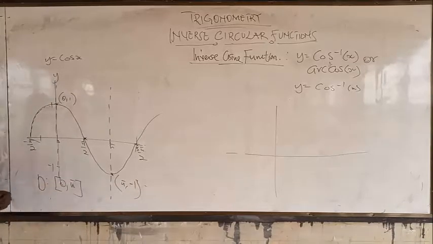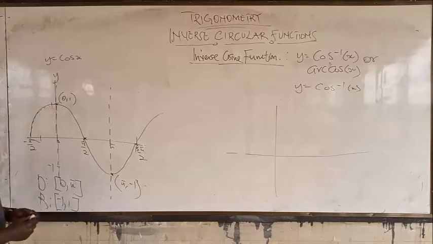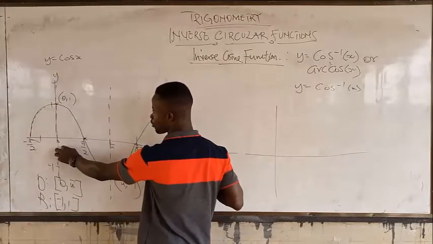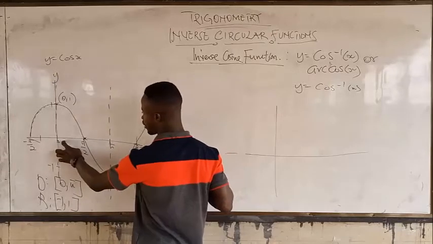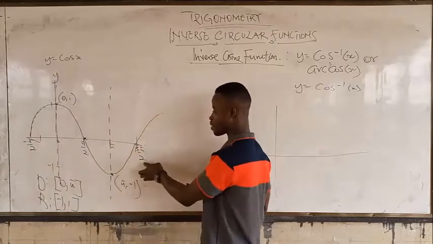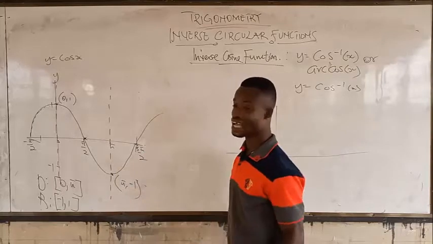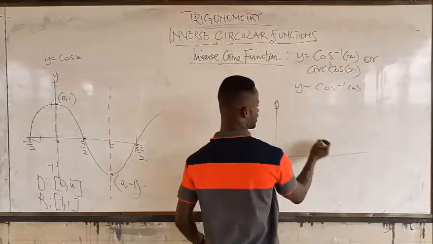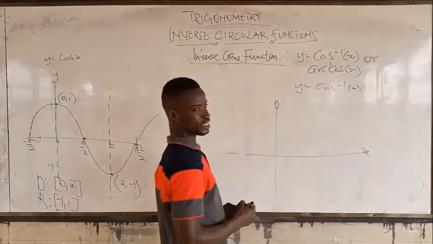And the range is from -1 to 1. So when we restrict the domain from 0 to pi, not 3 pi or 2 pi, but rather pi, we can get the one-to-one function. Then we transform it back to get the inverse.